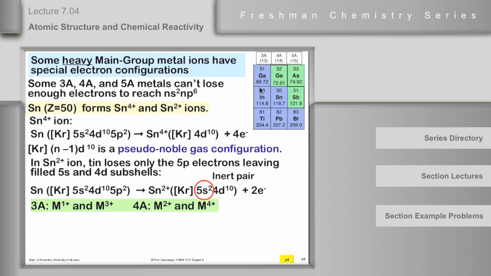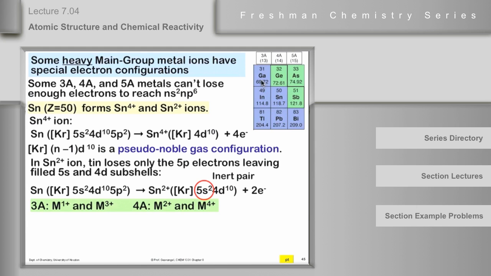And imagine first that you remove the p electrons. If you remove the one p electron, which is all these elements have, then you get M with a single positive charge and an inert pair, s2. And if you do that in 4A, then you take away 2 p electrons, and that leaves, again, an inert pair configuration.